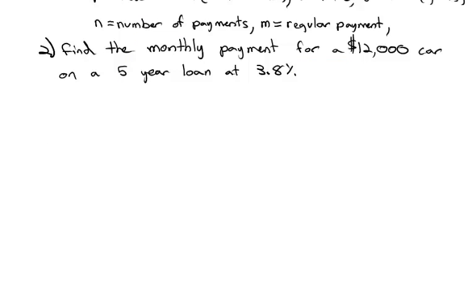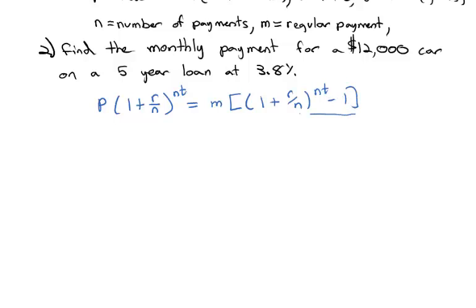Okay? Well, we know the formula for the loans is P times (1 plus R over N) to the NT equals M times ((1 plus R over N) to the NT minus 1) all over R over N. And so we need to find out what we can plug into here. $12,000 car, that's the initial starting value for the loan.